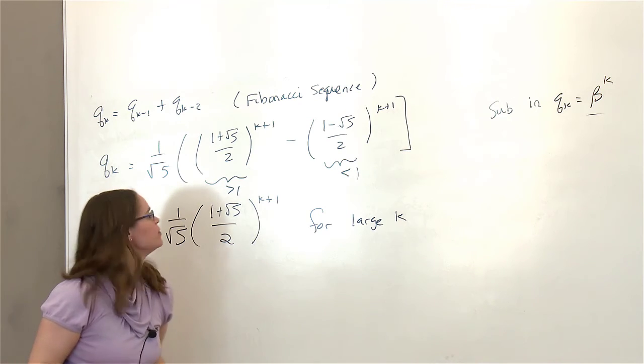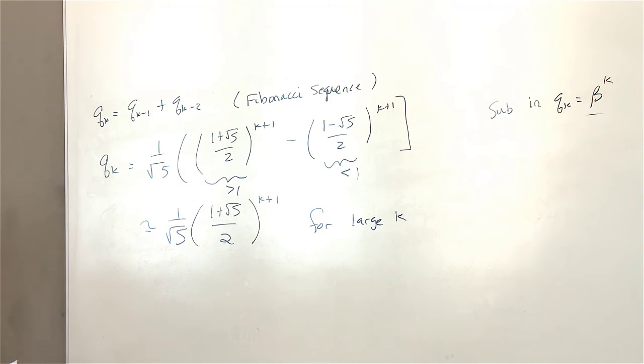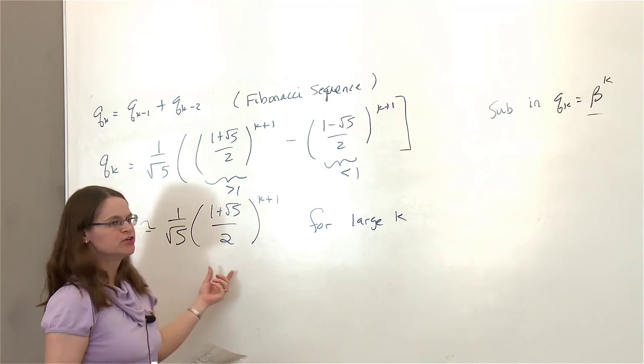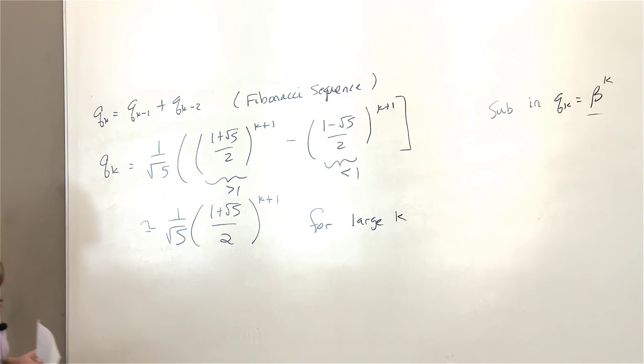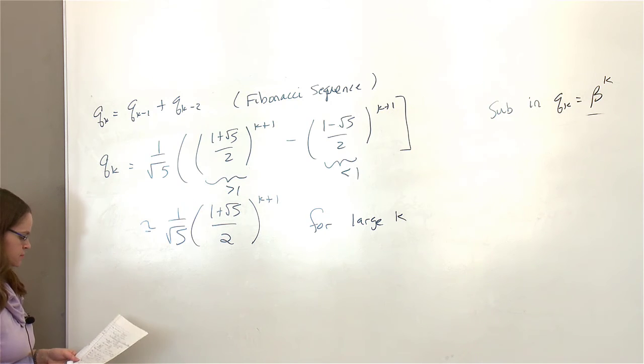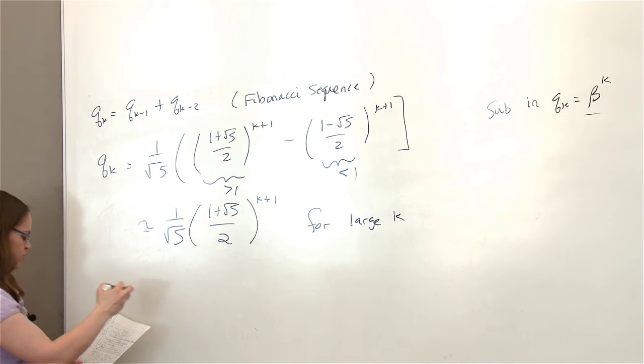So can you see from this what our order of convergence is going to be? What are we going to have?